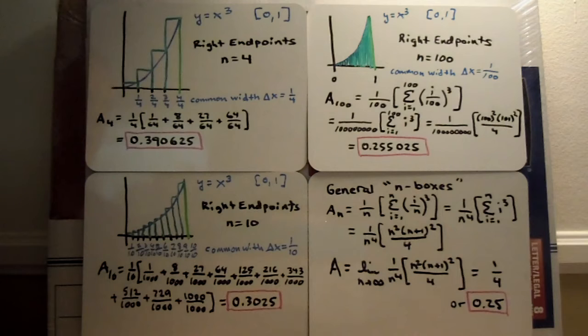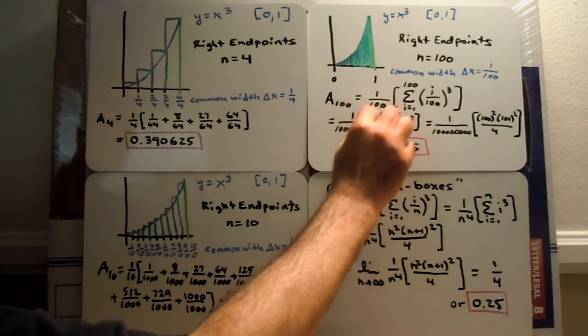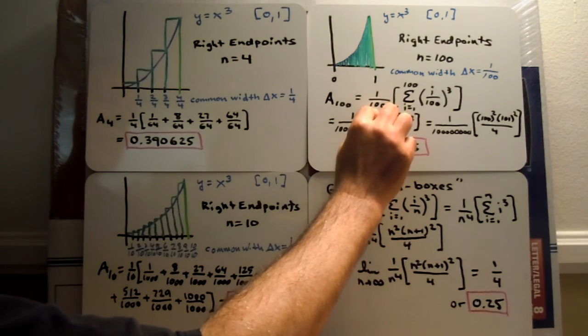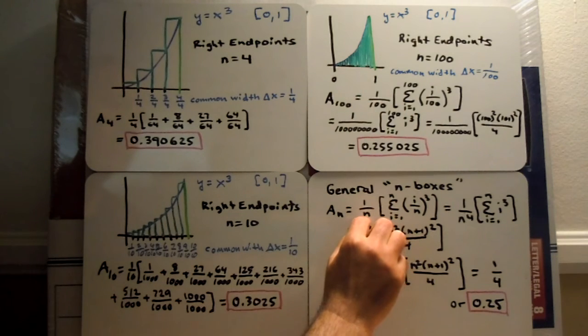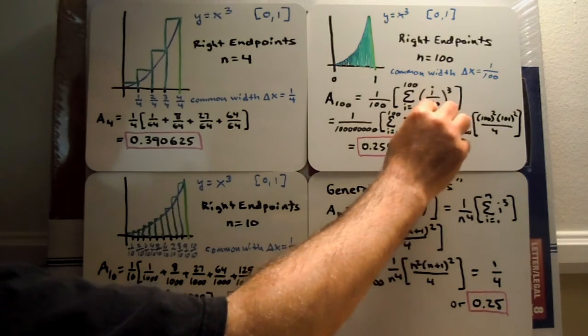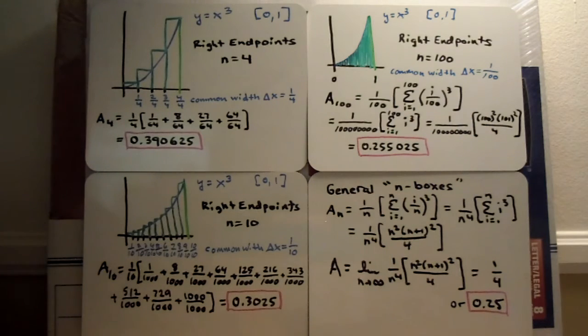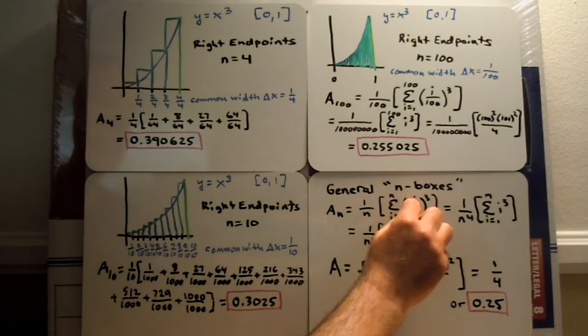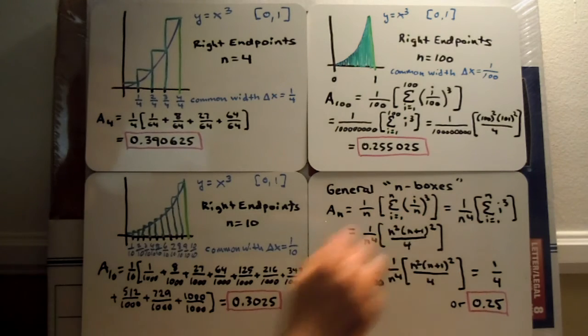Ultimately, our goal would be to have an exact value for the area under y equals x cubed on the interval from 0 to 1. So in general, if we divide it up into an unspecified n number of boxes, the common width is simply 1 over n. And then the right endpoints, instead of being i over 10 or i over 100, would be i over n, depending on what that number is. And I'm going to replace that with i over n cubed.